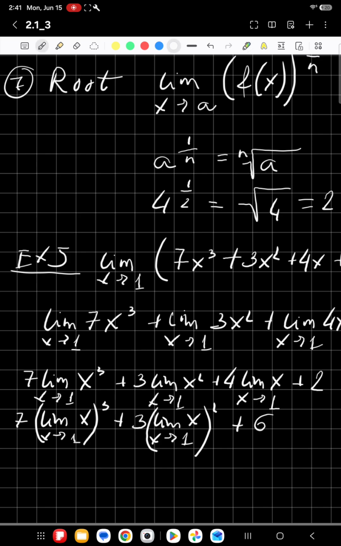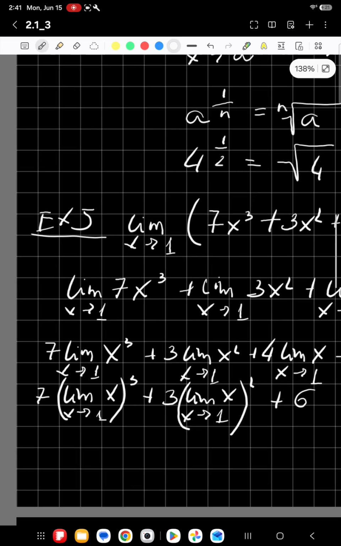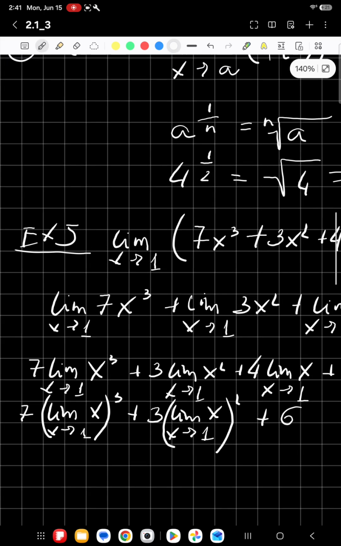Okay, so let's take care of the other limits. Again, I'm plugging in 1 to the third power, it's just 1, so that first number is 7. Let's do the second limit. Similarly, here I'm plugging in 1 to x, so it's 1 to the second power, still 1, times 3.